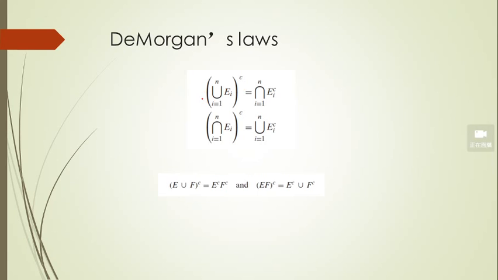The first one means we have the union of events E1, E2 until En, and its complement will be the intersection of each event's complement. How can we prove this identity is true?